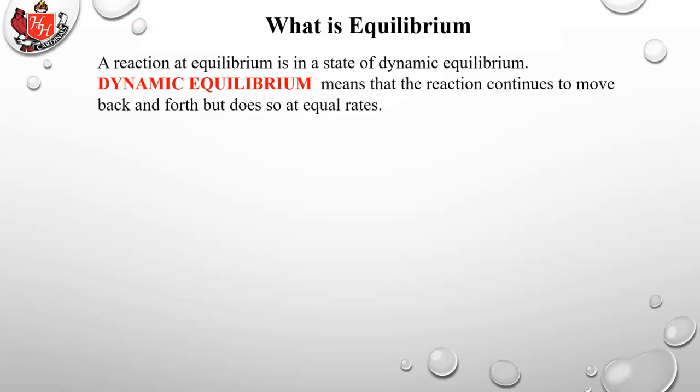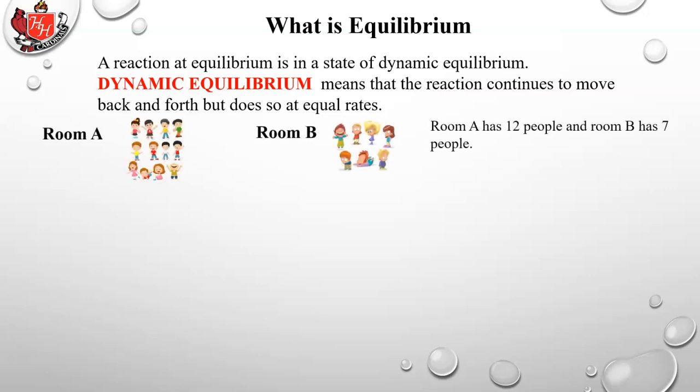A reaction at equilibrium is in a state of dynamic equilibrium. Dynamic equilibrium means that the reaction continues to move back and forth, but it does so at equal rates. So here we have two rooms, room A with 12 children in it and room B with 7 children in it.